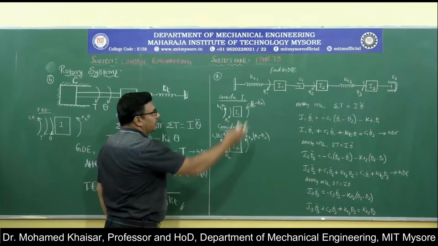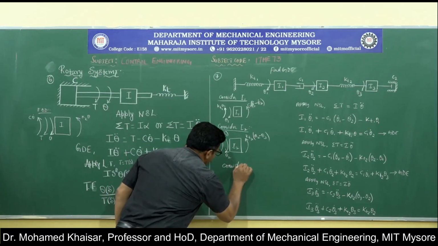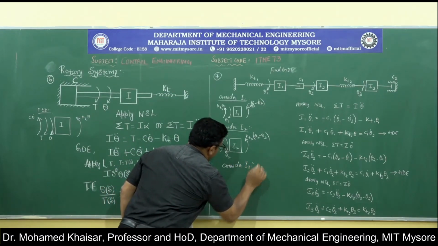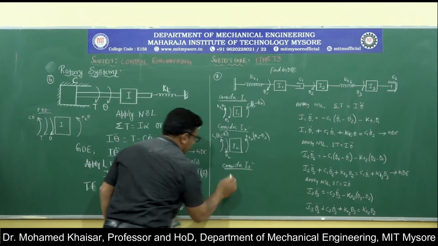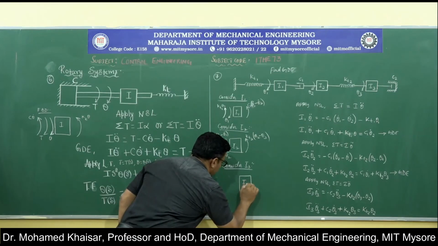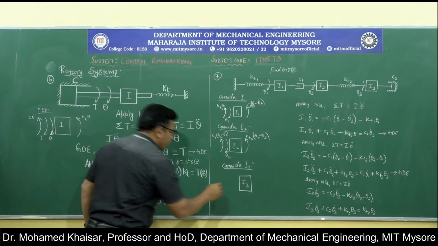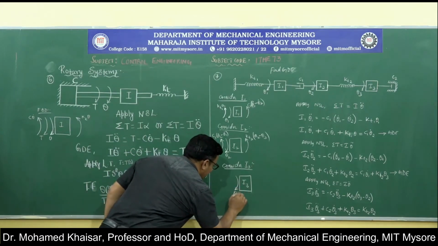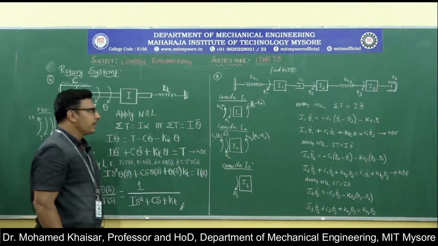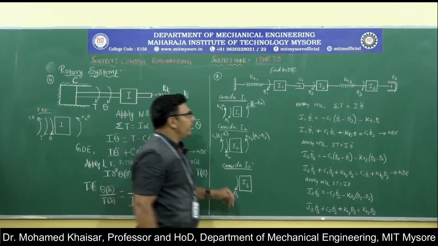Then lastly, there is I3. So, consider the inertia I3. This is trying to get rotated by an angle theta 3 in this direction. Now, to resist this rotation, what do we have here?